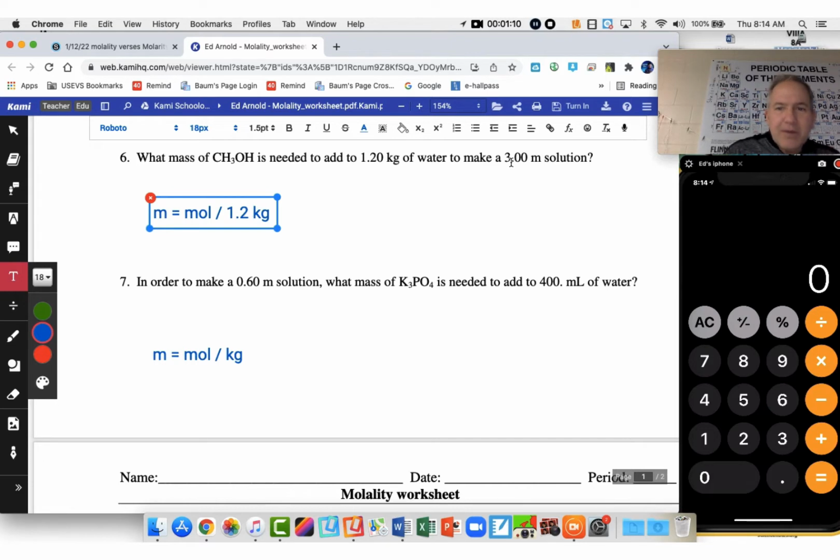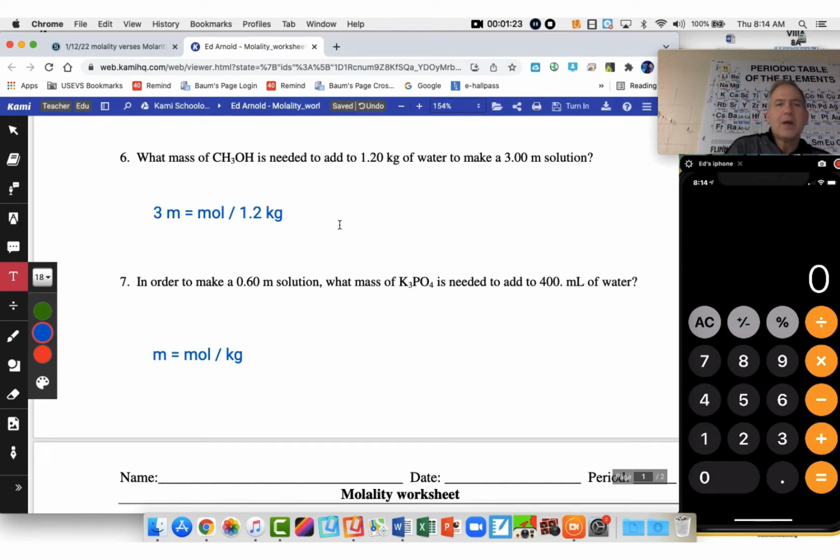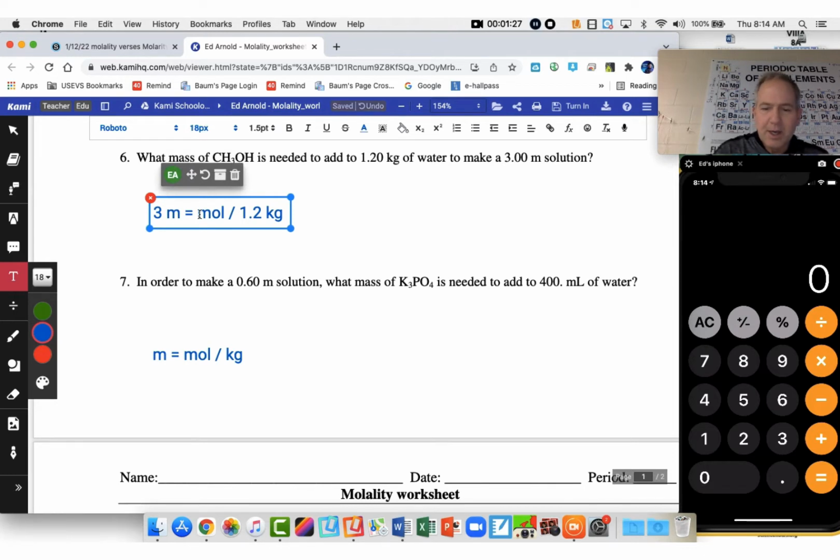And then it said we have a 3 little m solution, so the 3 is going to go with molality. Easy as that. There shouldn't be any issues with these right yet. Now, we're going to solve for the number of moles. I'm just going to pop an X in there.